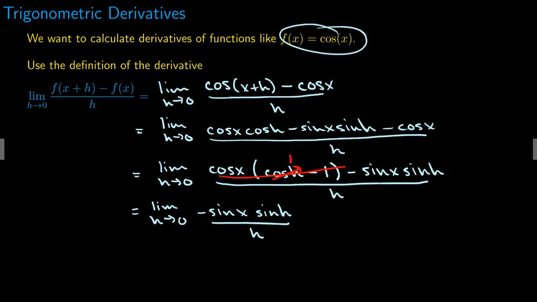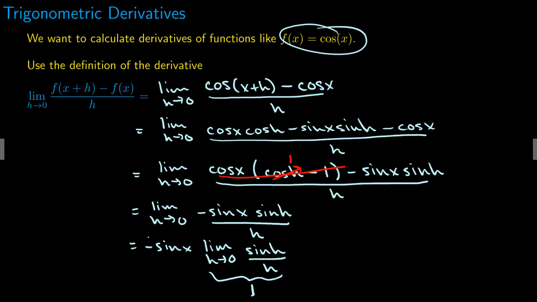And sine x doesn't have any h's in it, so I can pull that out. And I'll have negative sine x times the limit as h goes to 0 of sine h over h. And then you might recognize the limit as h goes to 0 of sine h over h is just 1.